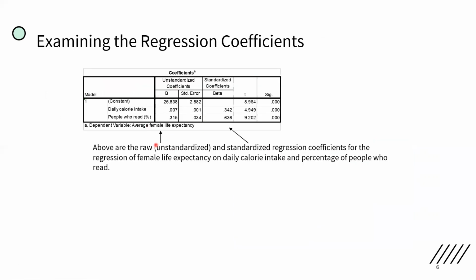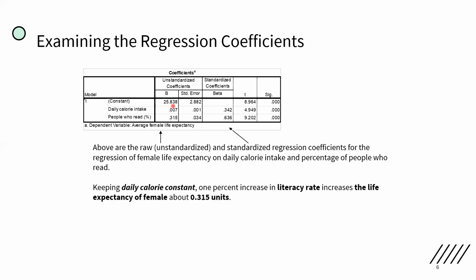The regression output contains mainly three tables. This is the coefficient table, which gives us the B naught and B1 values. The constant term is B naught, and the values corresponding to the variables we have chosen are B1 and B2. The main concern is how to interpret these values. The coefficient of the literacy rate is 0.315.